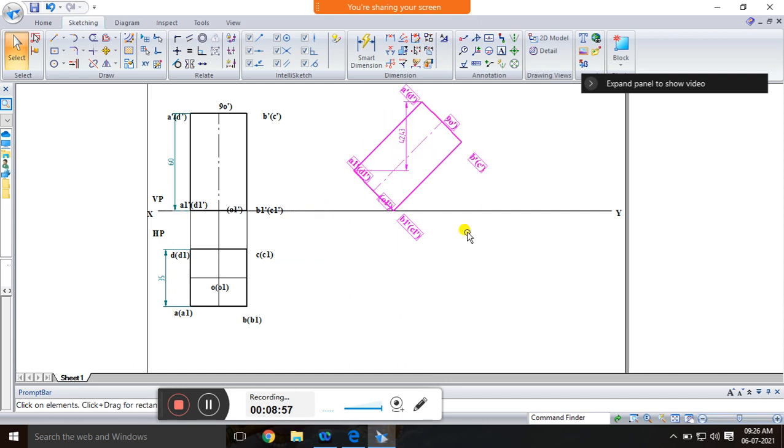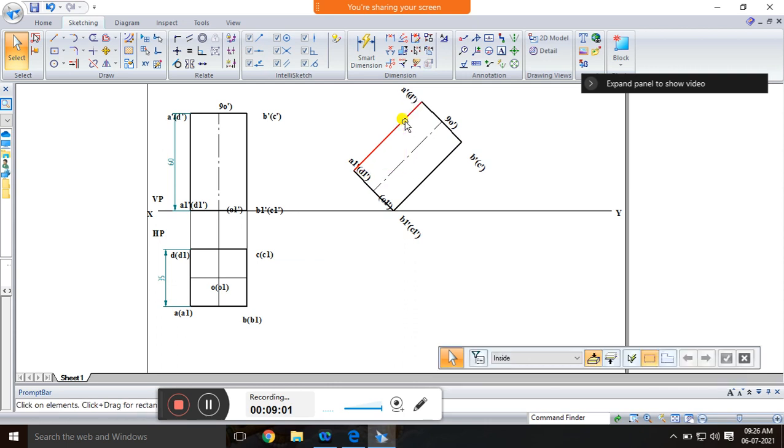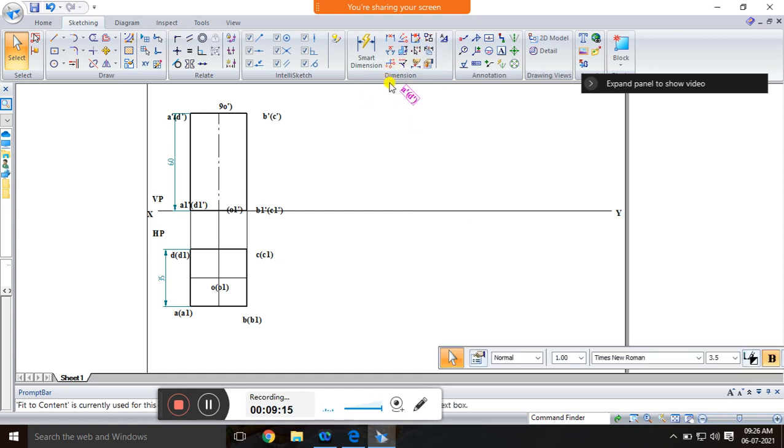See, with the help of software we easily reconstruct it with the move and rotate options, correct? But for manual drawing, you have to construct with the help of compass, scale and everything.